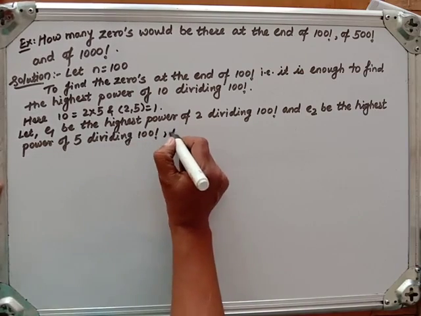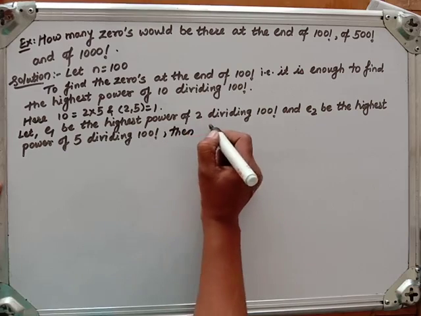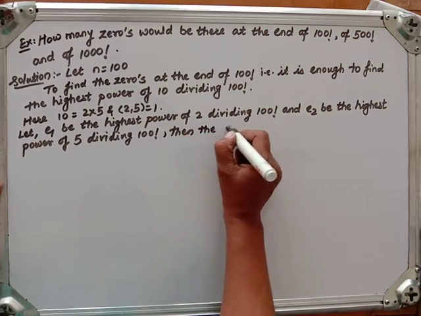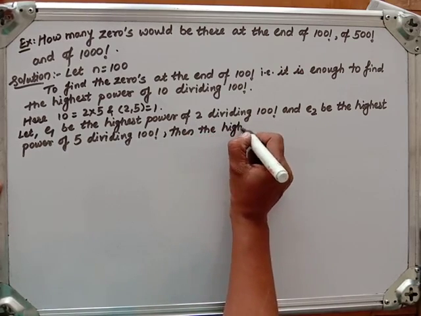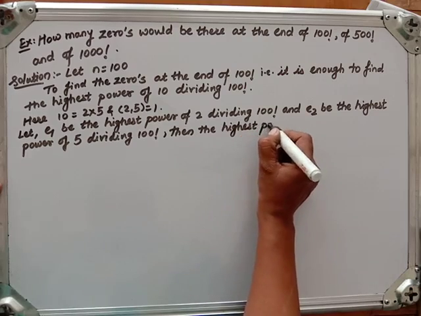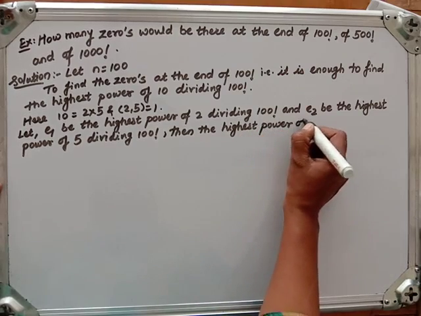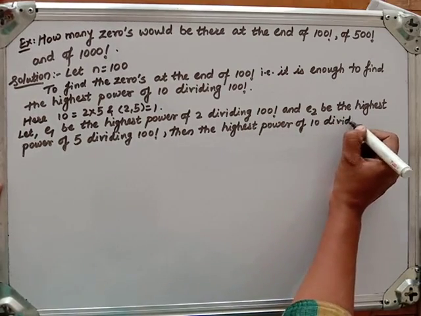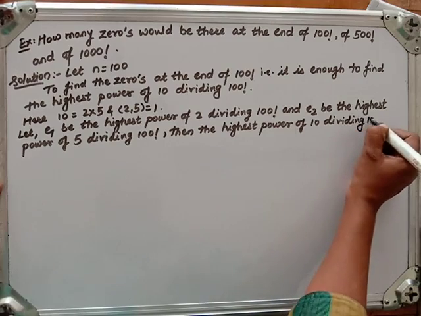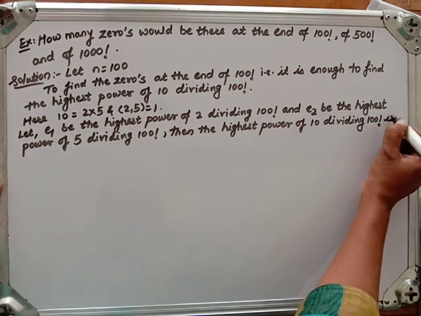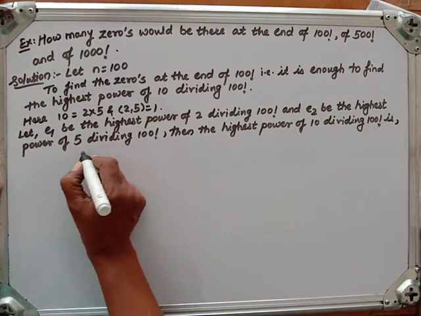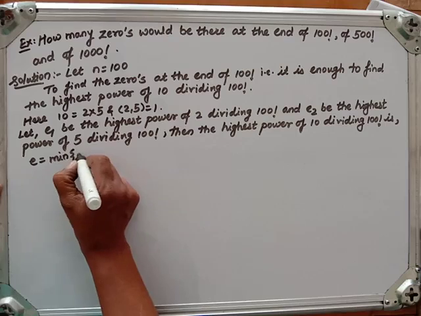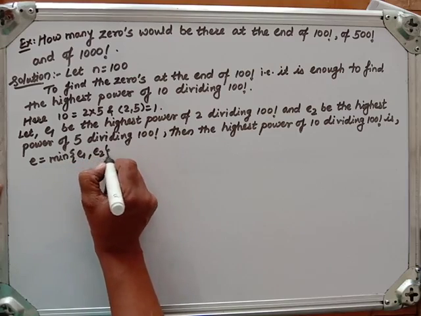Then the highest power of 10 dividing 100 factorial is E equal to minimum of E1, E2.